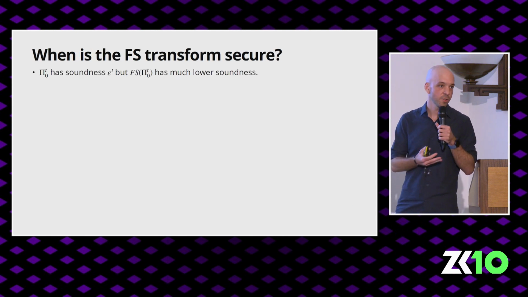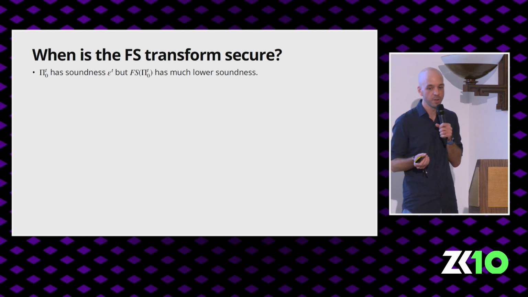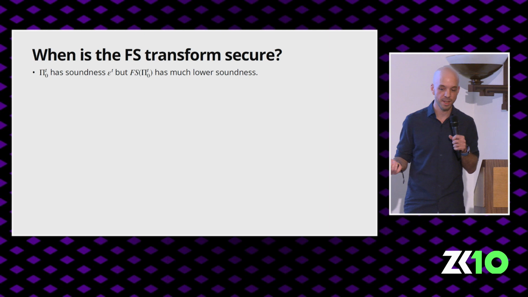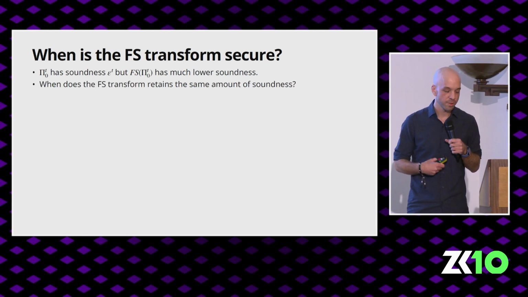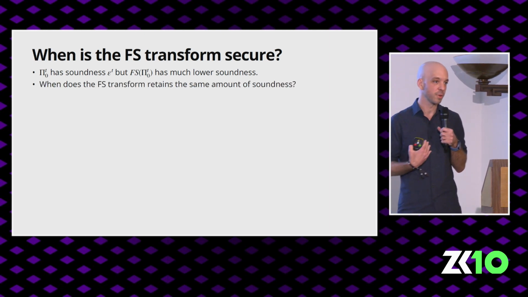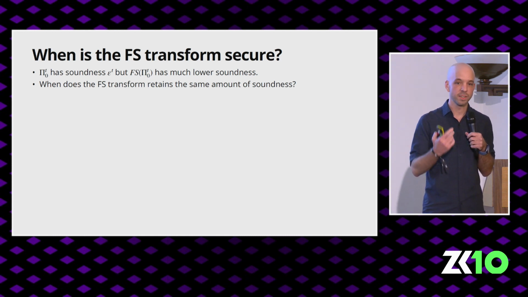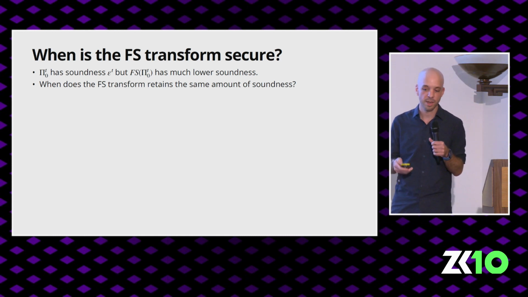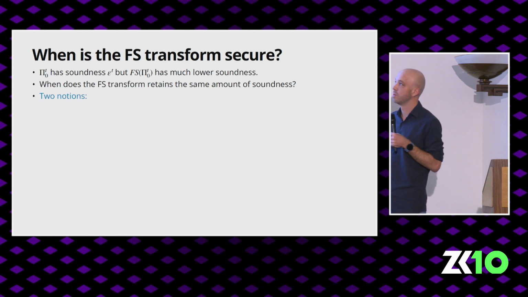So, okay, we just saw that you can have a super secure interactive protocol, apply the Fiat-Shamir transform, and get a disaster. So this raises the question: when can we be sure that if we apply the Fiat-Shamir transform, we get something that's as secure as the initial protocol?